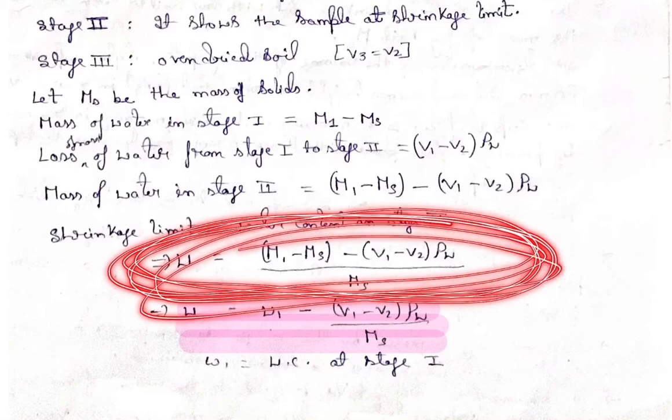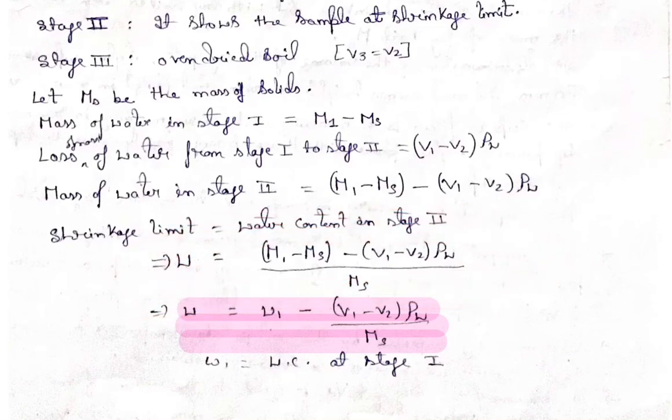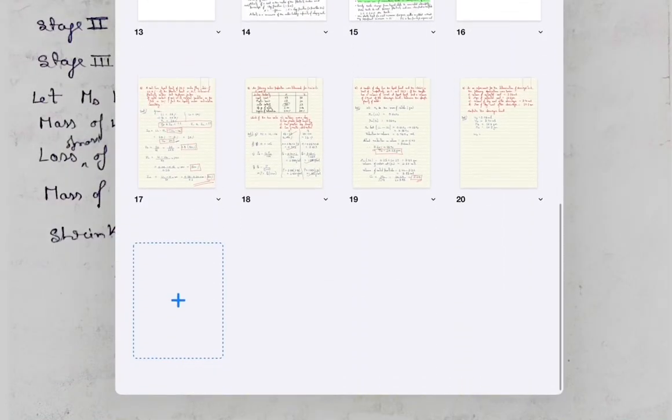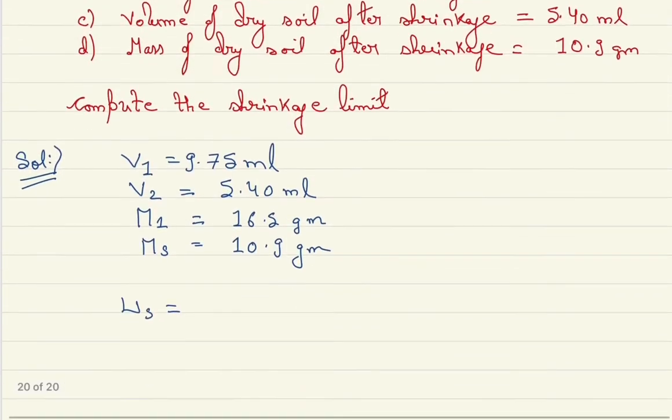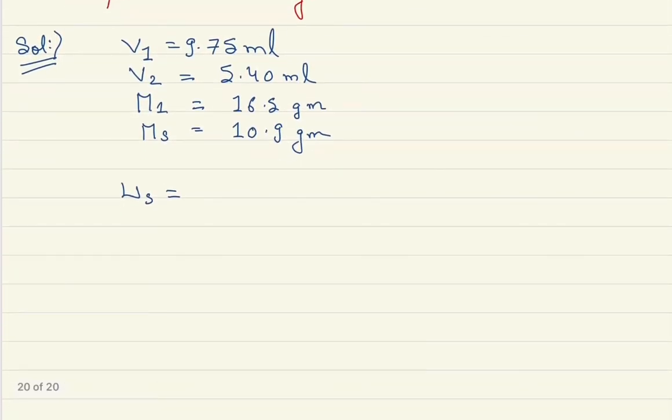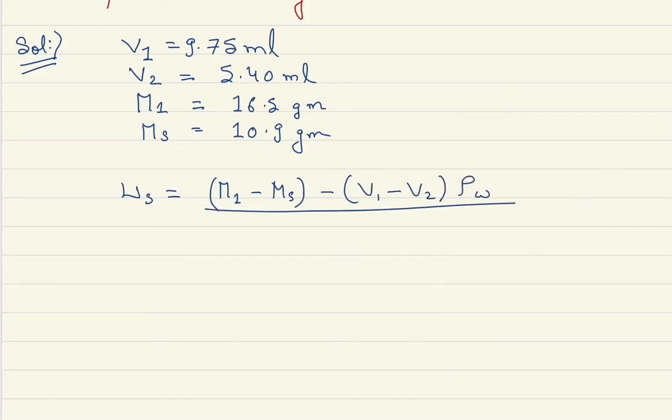So shrinkage limit is equal to (m1 minus ms) minus (v1 minus v2) rho w, upon ms.